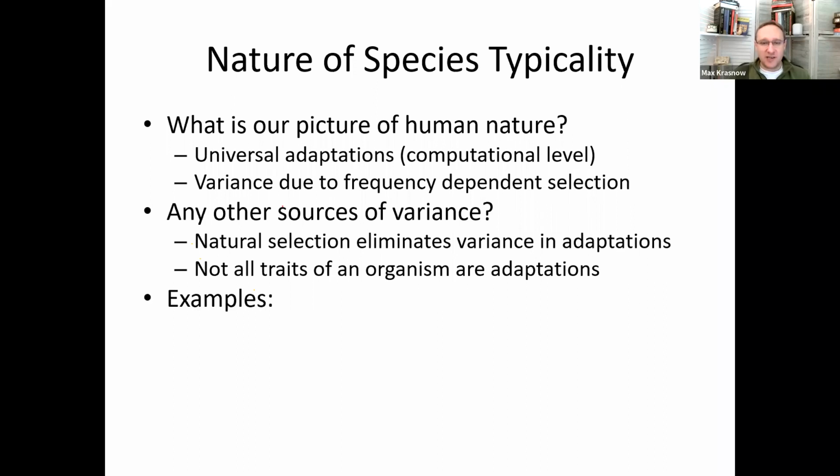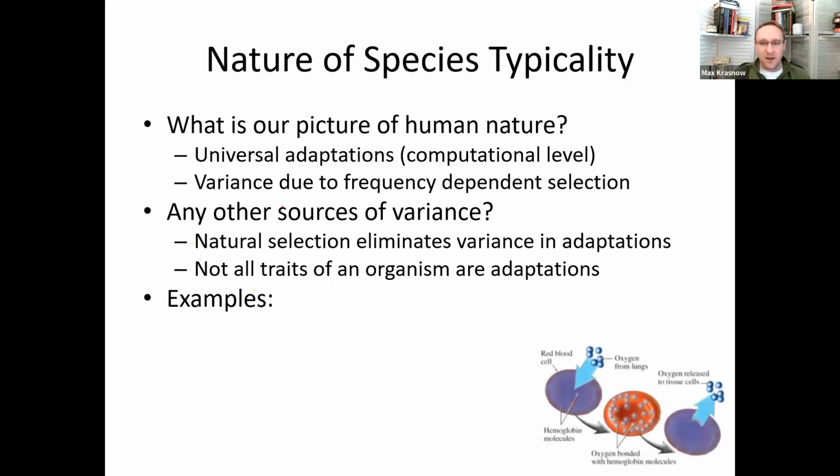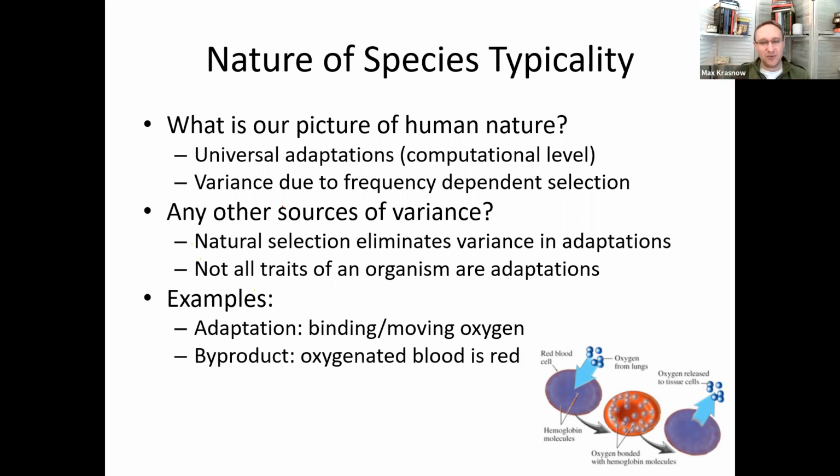Looking back at our circulatory system, we can find traits that are clearly adaptations, right? Our blood has that molecule hemoglobin that's able to bind oxygen and move it through our body to where it's needed. The fact that hemoglobin uses iron to do that, and that when iron is oxidized, it looks red to our eyes, such that when our blood is oxygenated, it looks red, that trait is a byproduct.